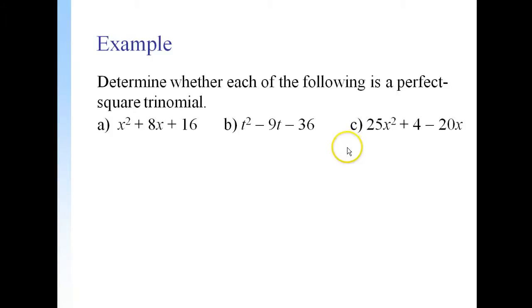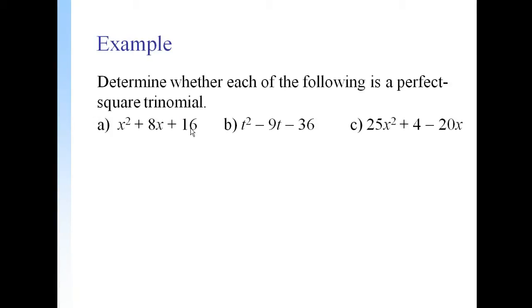So here, the first thing they're asking is to determine whether each of the following is a perfect square trinomial. Well, what are the requirements? The first term is a perfect square. The last term is a perfect square. Okay, now what's the square root of 16? 4.